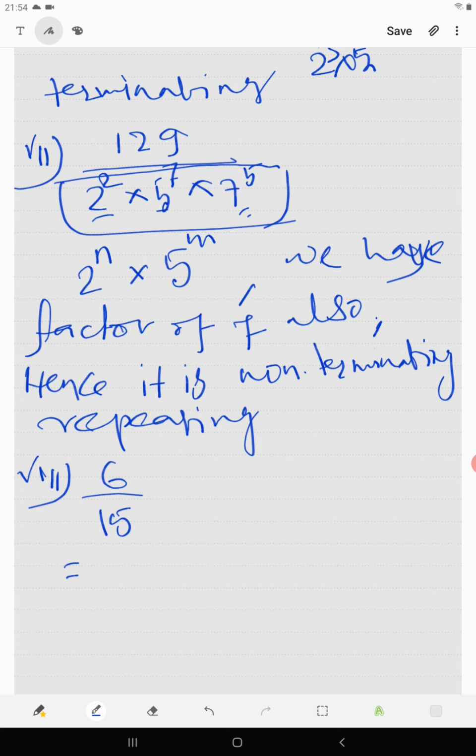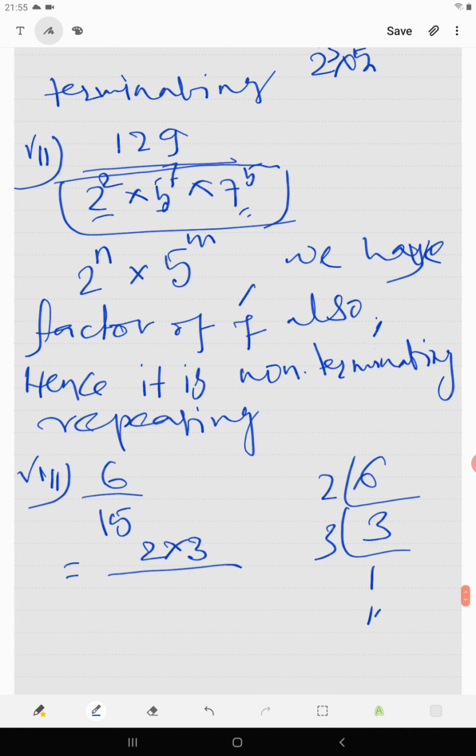So we have to convert this to its prime factors. So 6 I wrote as 2 into 3, and 15 I wrote as 3 into 5.